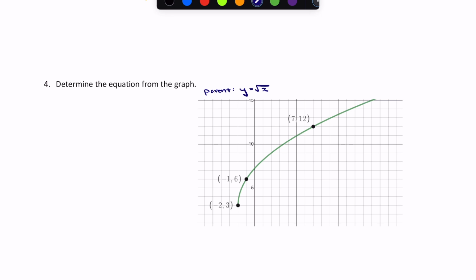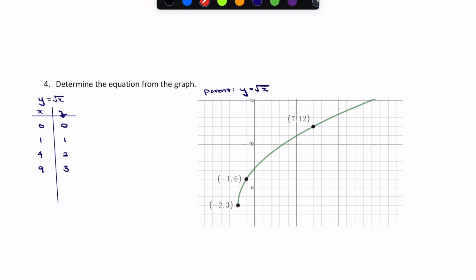Okay, and so we know here when we have y is equal to square root x, these are the points that correspond with it. So x values 0, 1, 4, and 9, and then our y values would be 0, 1, 2, and 3.